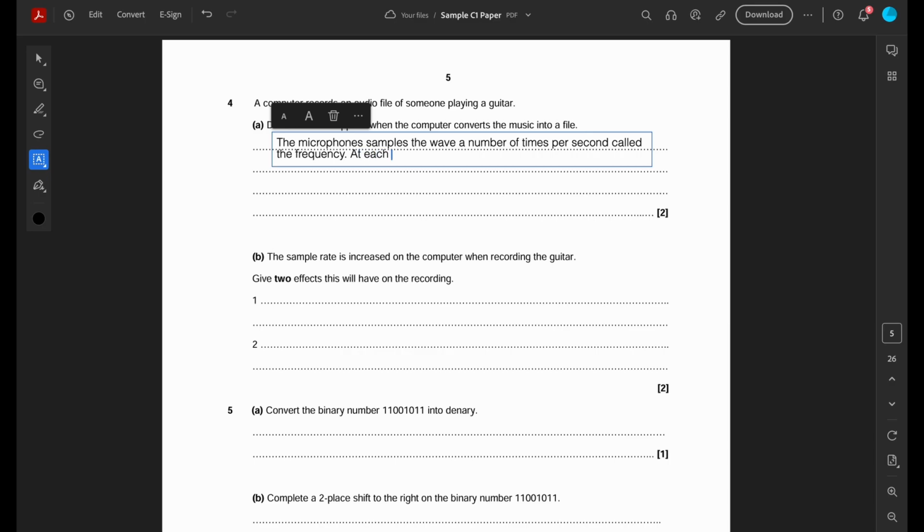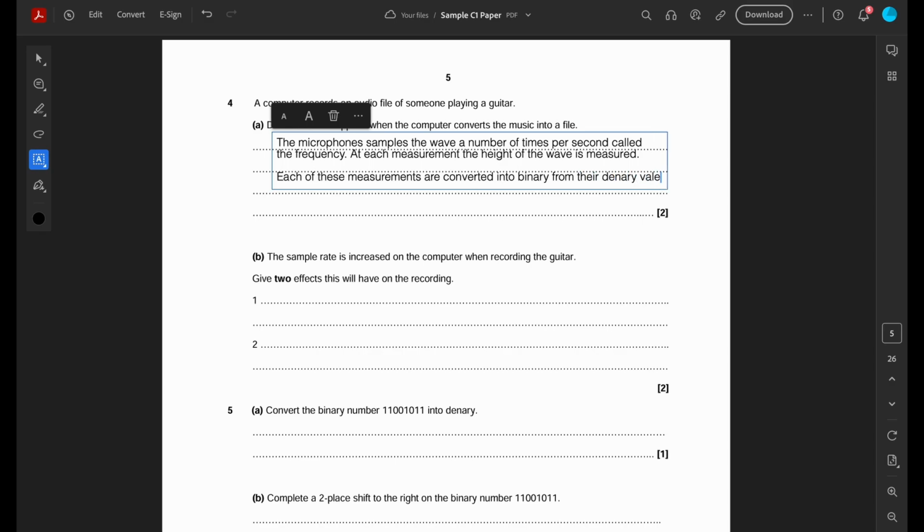At each measurement, the height of the wave is measured. Each of these measurements are converted into binary from their denary value.